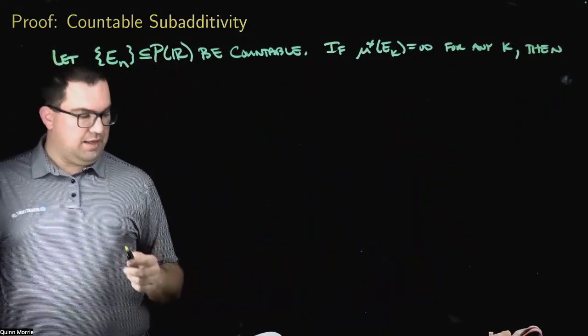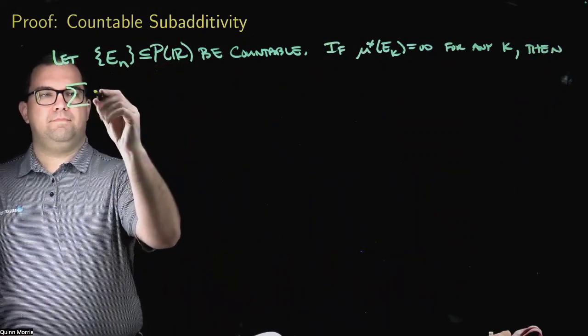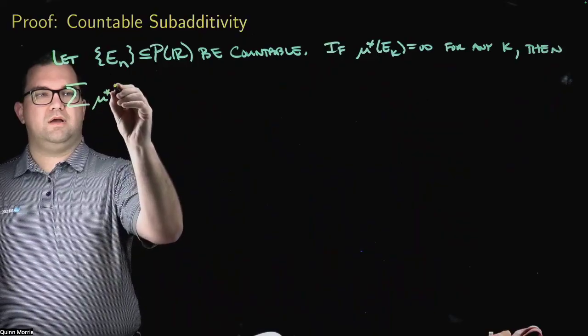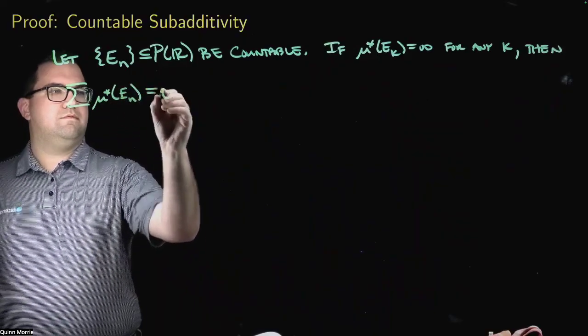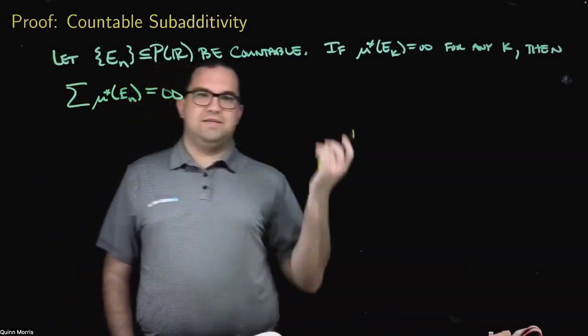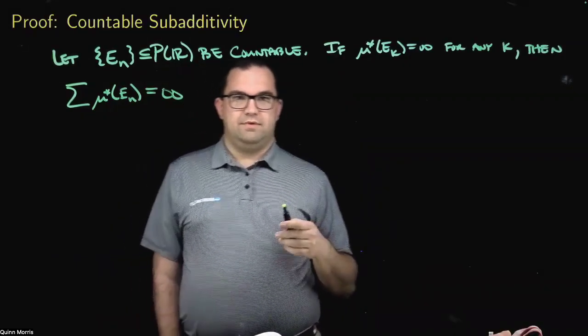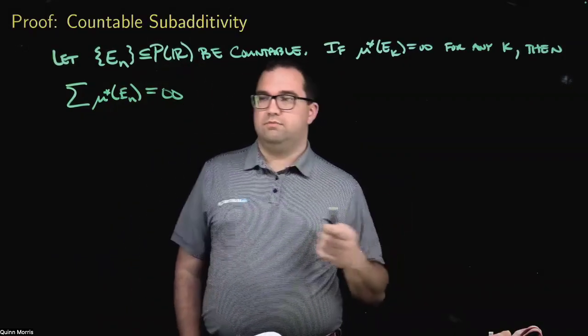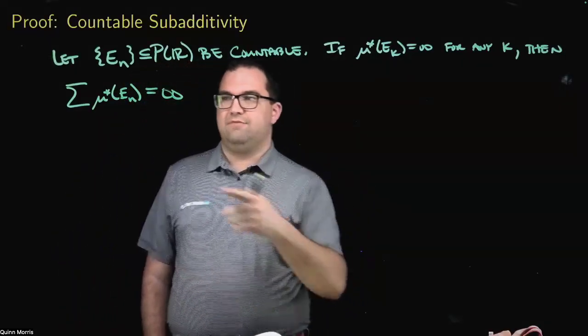Because the right-hand side, which is the sum of the measures of the E_n's, will be infinite. One of the values is infinity, and the rest of them are non-negative. They could be zero, some of them, but I have infinity plus a bunch of other things which are all non-negative.